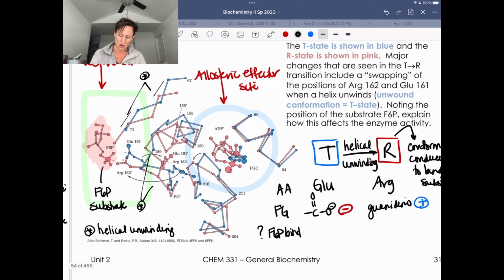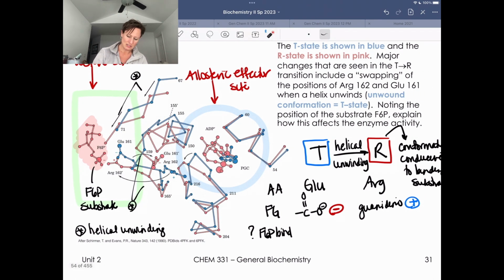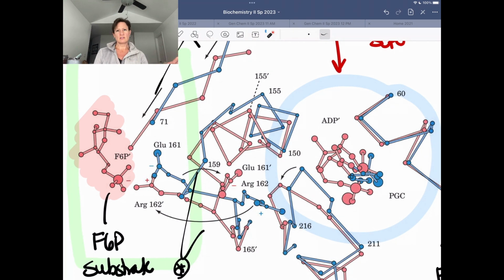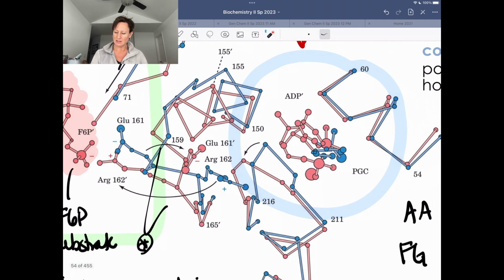Okay, so let's look over here. Remember the structure of F6P. Fructose is not a molecule that's charged. Fructose is uncharged. It's polar, but it's not charged. But when we put that phosphate on that 6th position, all of a sudden it accumulates a negative charge. So we've got a negative charge here, and let's think about whether it wants to sit next to a positively charged arginine or a negatively charged glutamic acid.